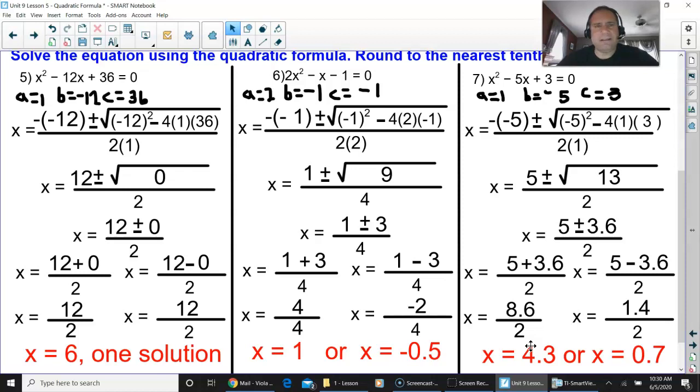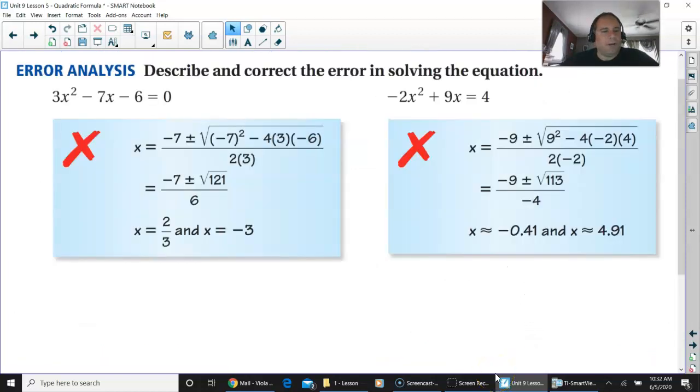Press pause if you need to look at anything on this page, and just follow the steps of the quadratic formula and you will be fine. So one of the questions that they always ask is an error analysis question. It says describe and correct the error in solving the equation.